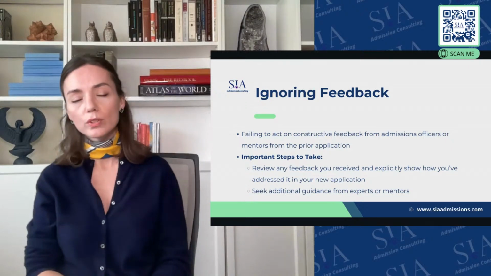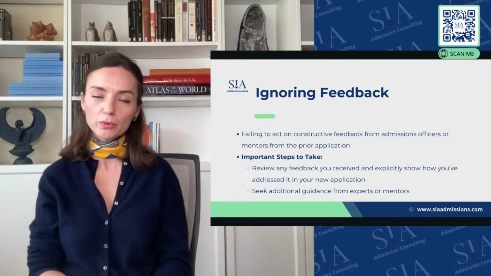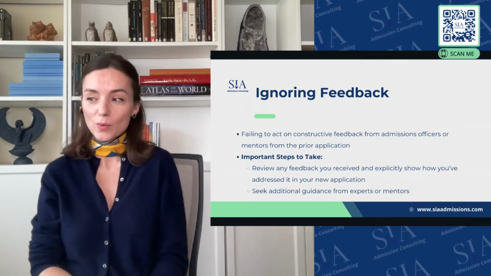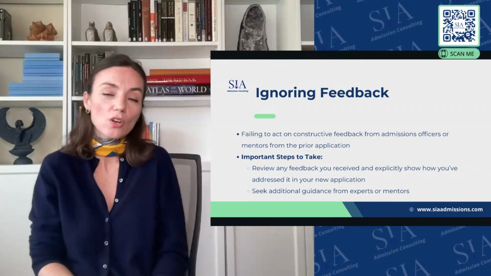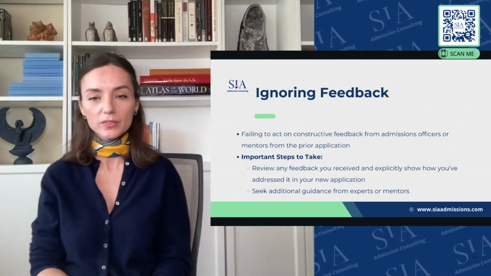Sometimes for some schools, there is an opportunity to discuss the reasons and how you can improve the next application cycle. But for other schools, you have to really guess what the reason was. You're not informed why you were rejected the first time around.